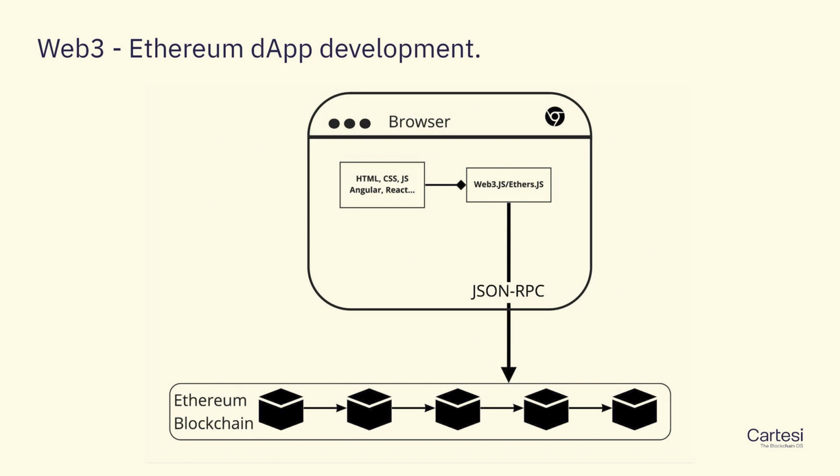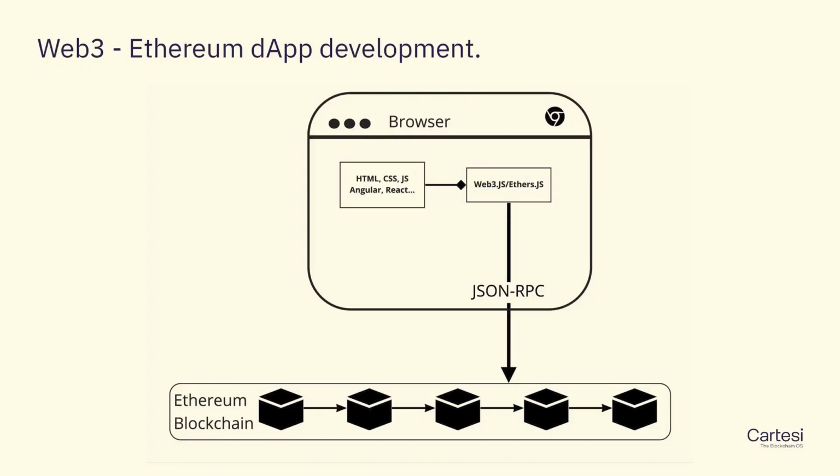This library is usually called a Web3 client, and it communicates to the blockchain using a protocol called JSON RPC. Once you have this communication, you talk to one of these decentralized nodes that are part of the blockchain. And you interact with them, both reading stuff from the blockchain and also writing stuff on what's called the smart contract, which is the software that runs on the blockchain.